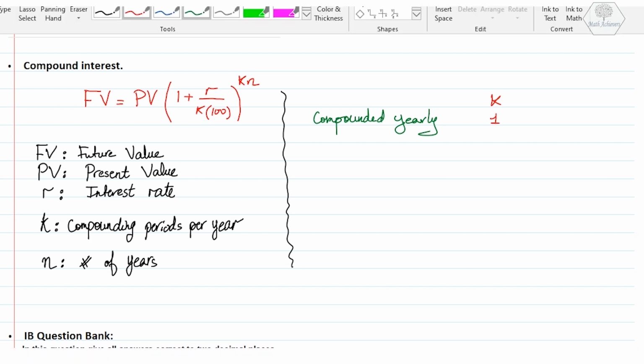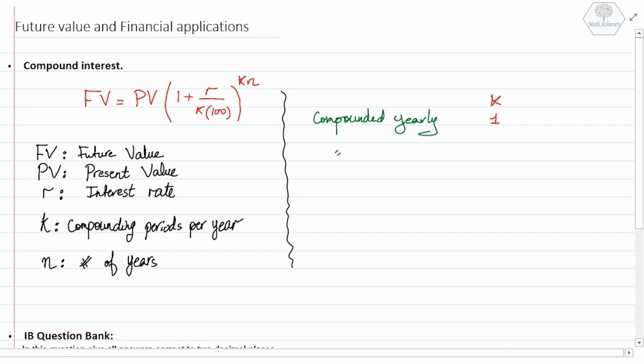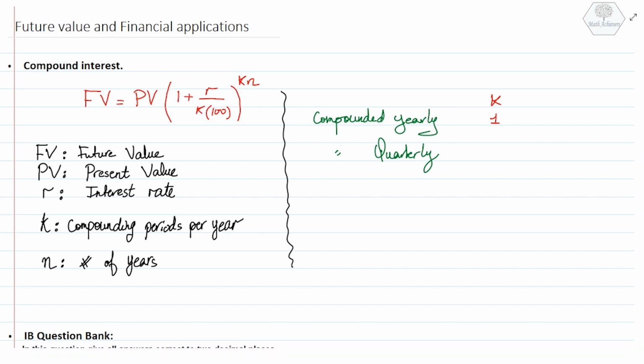If it is compounded quarterly, because I have quarterly compounding, for each 3 months I compound once. So how many compounding periods per year would that be? I have 4 compounding periods.